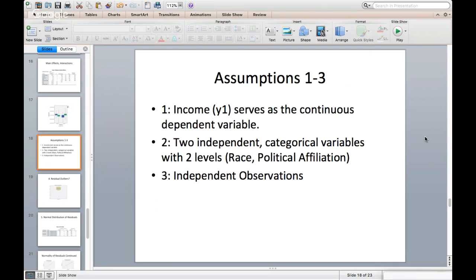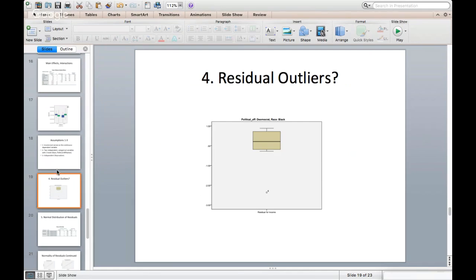So assumptions again, 1 through 3 are self-explanatory. Then residuals and outliers. Once again, SPSS didn't do me any favors as far as the graphs, but it produced a plot for each different combination of variables.